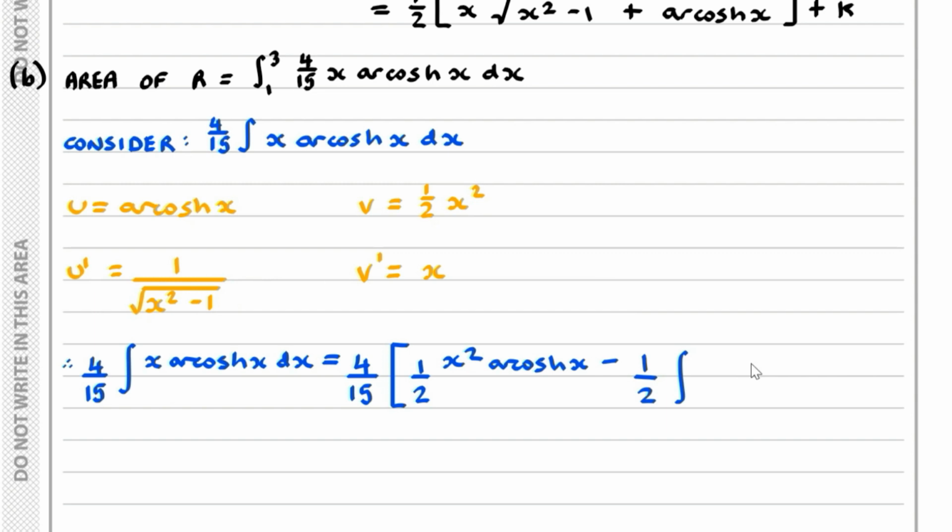Well, here we've got x squared over x squared minus 1 square rooted dx.